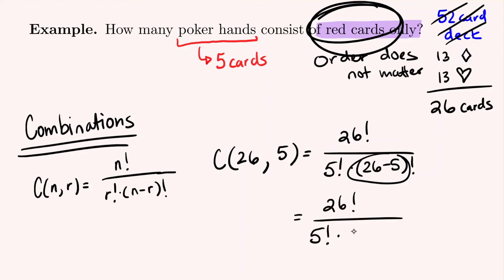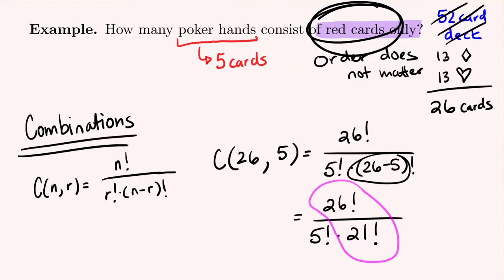Okay, 26 minus 5 is 21 factorial. And the 26 factorial and the 21 factorial, a lot's going to cancel there. Because remember, what is 26 factorial? It's 26 times 25 times 24 times 23 times 22 times 21 times 20 times 19, etc. down to times 2 times 1. 21 factorial starts at 21 times 20 times 19 times 18 all the way down to 2 times 1.